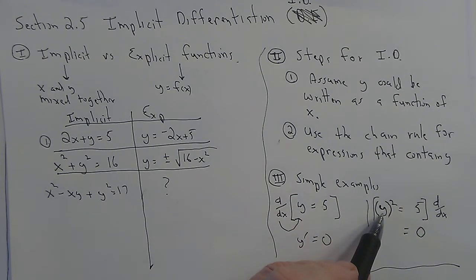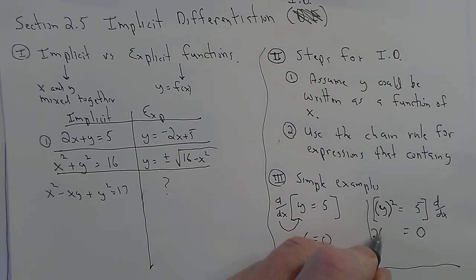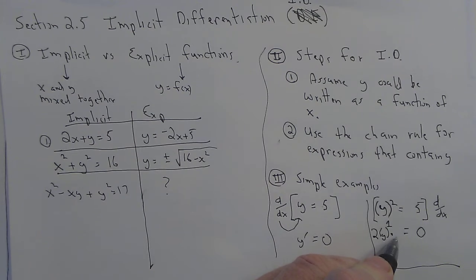Now you take the derivative of something squared. And this is where the chain rule comes in. You're assuming y is a function of x, an expression with x's in it. So if I had something squared, the general power rule says bring down the exponent, leave the base alone, reduce the power by 1, but then to deal with the rate that's inside this base function, I have to use the chain rule and chain onto that the derivative of the inside function.